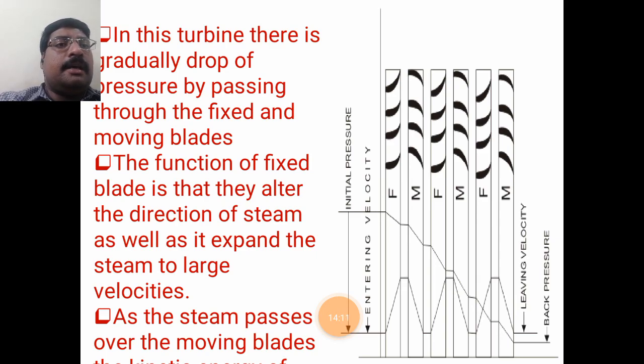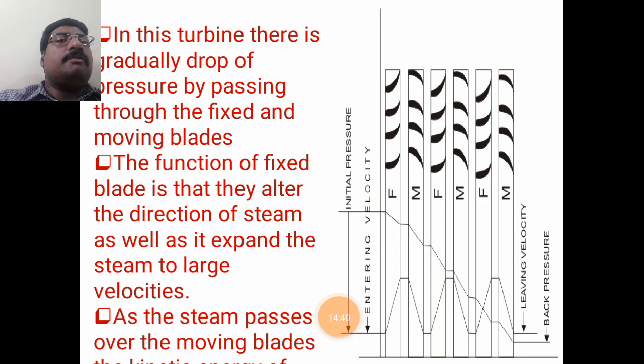Okay. If you observe the steam velocity and pressure diagram, the pressure is continuously dropping in the fixed and movable blades, and in the fixed blade the velocity increases, in the movable blade the velocity drops, and again in the fixed blade the velocity increases, because the fixed blade itself acts as a nozzle. Again, whenever it reaches the movable blades and passes over the movable blade, the velocity drop takes place.